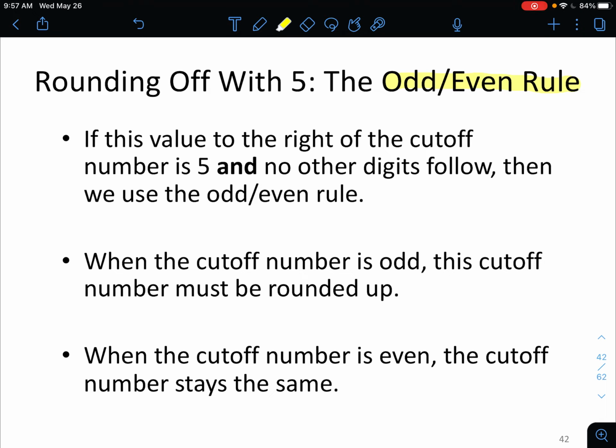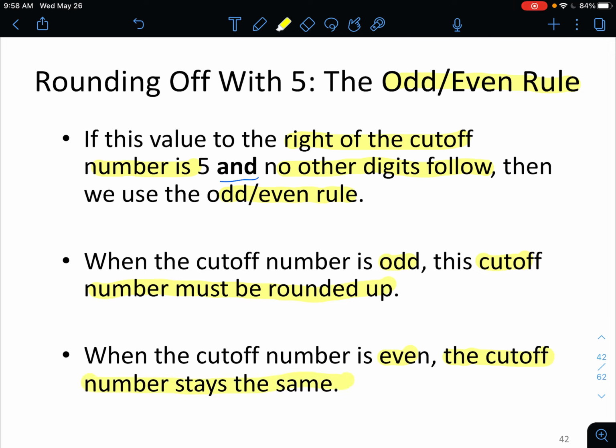Okay, so again, we're still talking about the digit to the right of the cutoff number. So if the value to the right of the cutoff number is 5 and no other digits follow, that's when we use the odd-even rule. So when the cutoff number is odd, the cutoff number is rounded up 1, and when the cutoff number is even, then the cutoff number is going to stay the same.